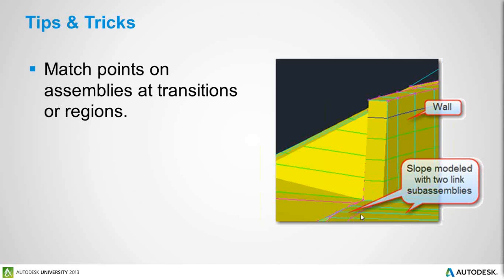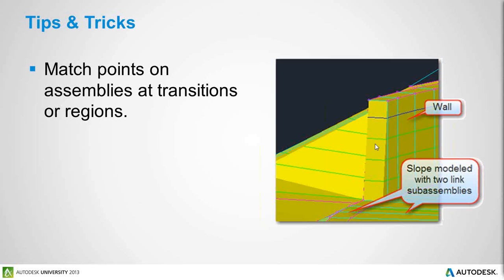So that way when I build my surface model from this corridor, I get a much cleaner transition from the slope because I will have a point here on the flat slope that will then correspond to a similar point on my wall. So you can see I get a nice edge of wall modeled here.